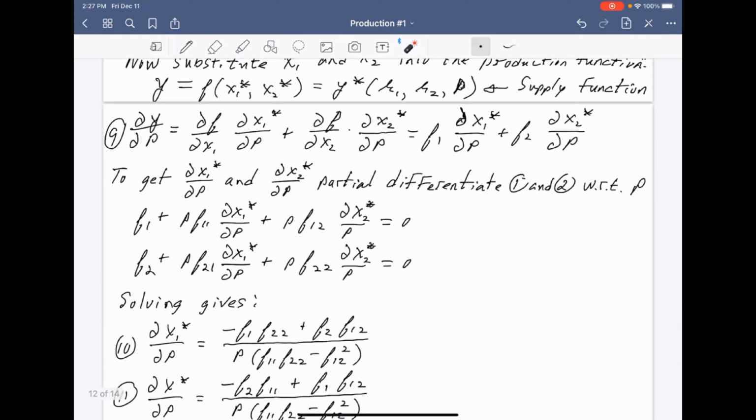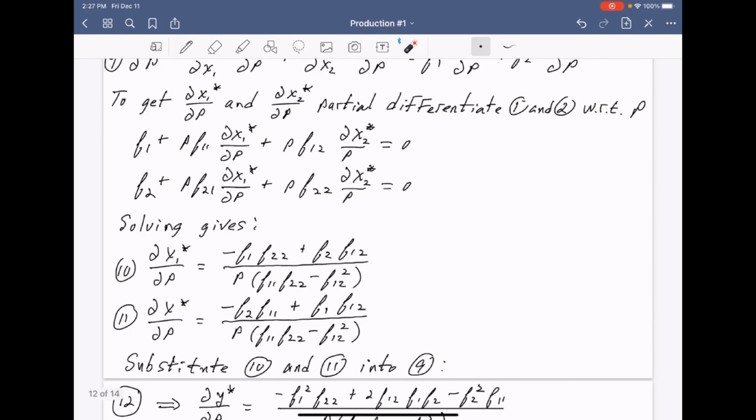And when we do that, we get somewhat similar results to what we had before, but not quite, because we now have this part here. And when we solve these for the partial of x1 star with respect to P and the partial of x2 star with respect to P, we get these two results here.